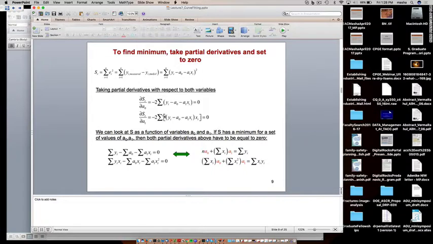When you write this down for just 2 points, you would get this equation here, and just divide it by minus 2. It's a little bit of algebra, but conceptually I'm taking partial derivatives of this sum with respect to A1 and A0, because that has to be true for a minimum of that function. And since the function is positive, it's likely to have a minimum; a maximum, good luck looking for.